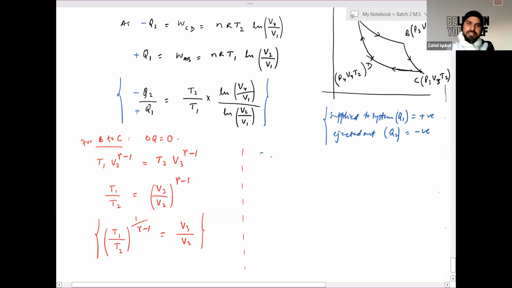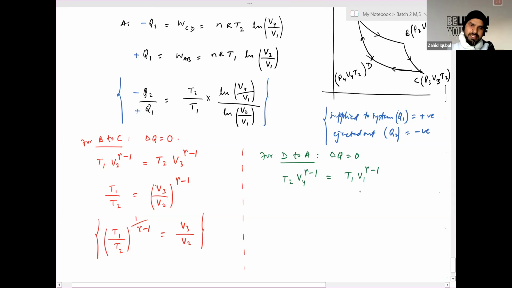Similarly, for path D to A, again, we have an adiabatic process or adiabatic compression. So at point D, we have temperature T2 and volume V4 to the power gamma minus 1. And at point A, temperature is T1, volume is V1 to the power gamma minus 1.